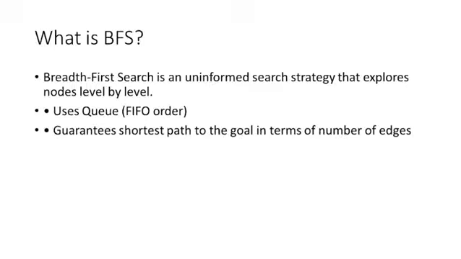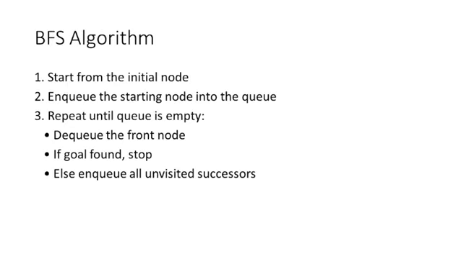Now we will see how the BFS algorithm works. Starting from the initial node, we define one queue and store the starting node into that queue. At each step, we check whether the current node is the goal node or not.